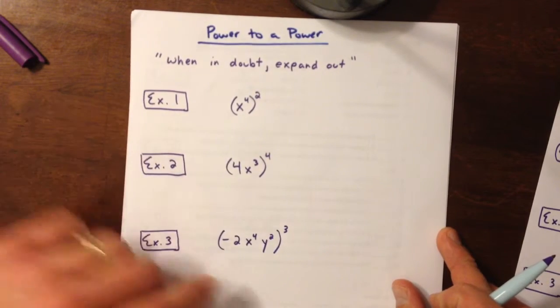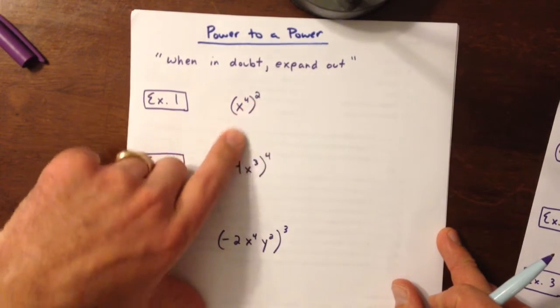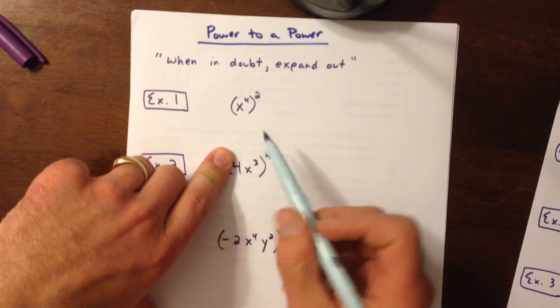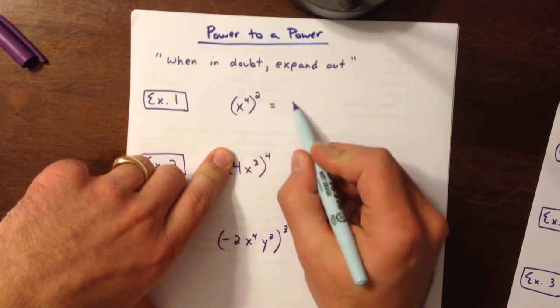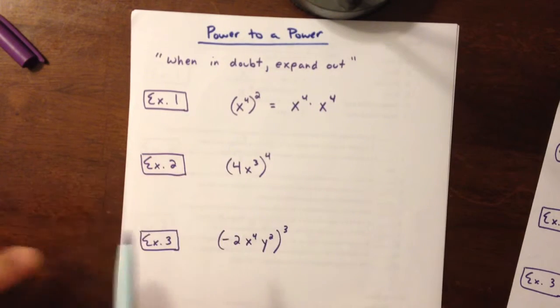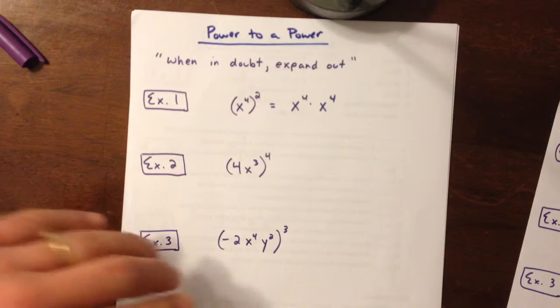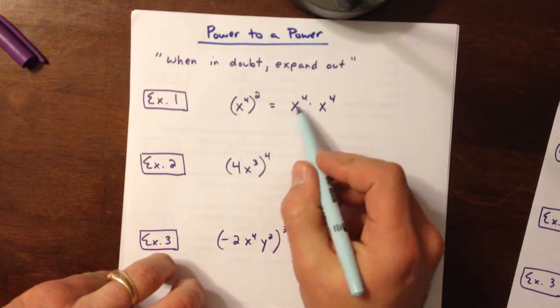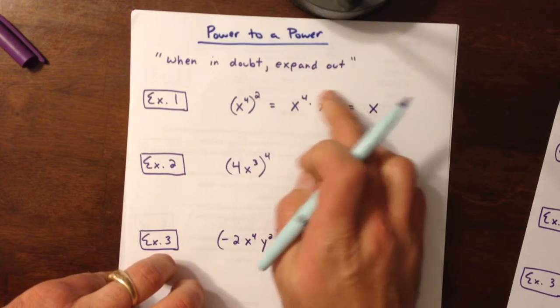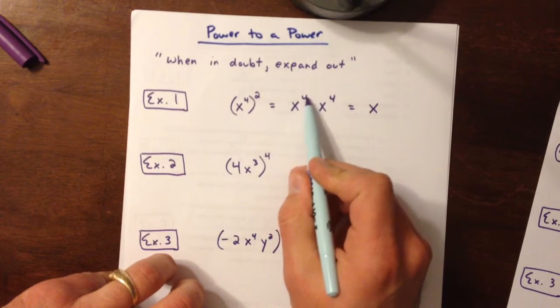Okay, but let me show you why you end up multiplying. Okay, x to the 4th squared. What does that really mean? It means x to the 4th times itself. So x to the 4th times x to the 4th is x to the... Now, do I multiply those two? No, there's 4 here, there's 4 here.